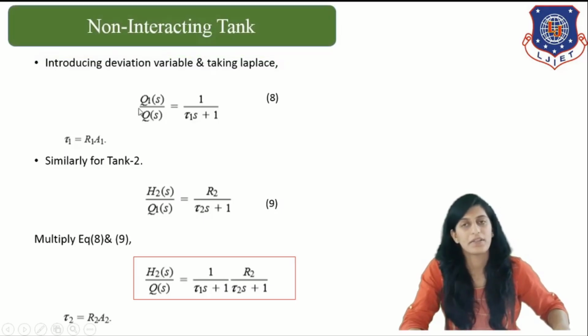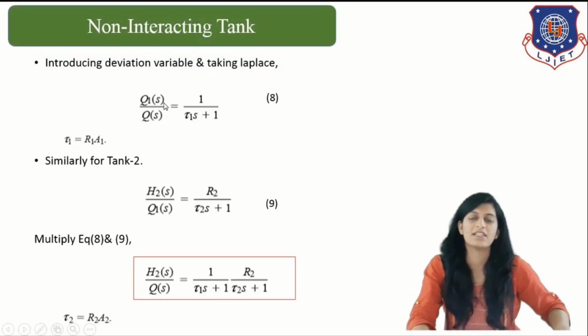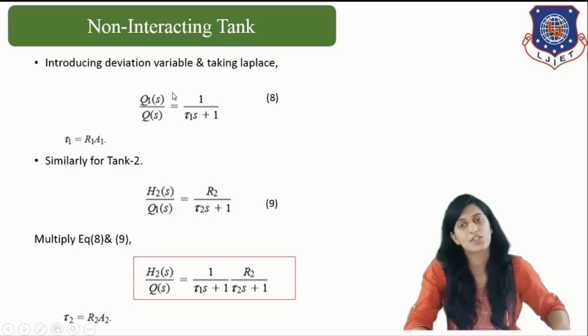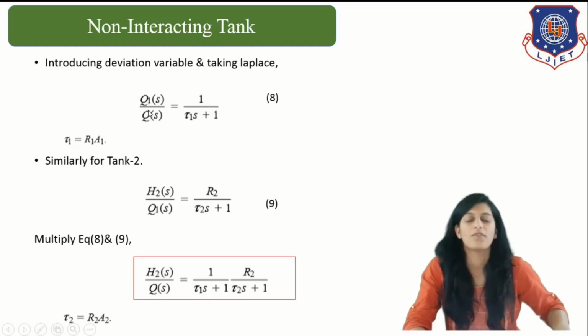Once you introduce deviation variables, Q minus Qs can be replaced by capital Q and Q1 minus Q1s can be replaced by capital Q1. Once you introduce deviation variables and take the Laplace transform, this will be our final equation for the first tank. Similarly, proceeding with tank number 2 and following the same steps, you can obtain this equation for tank number 2.